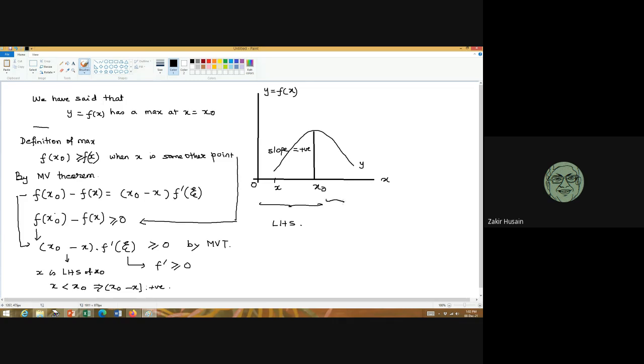Now let us take the right-hand side. If I take the right-hand side, again by the definition, I'm calling this x2.